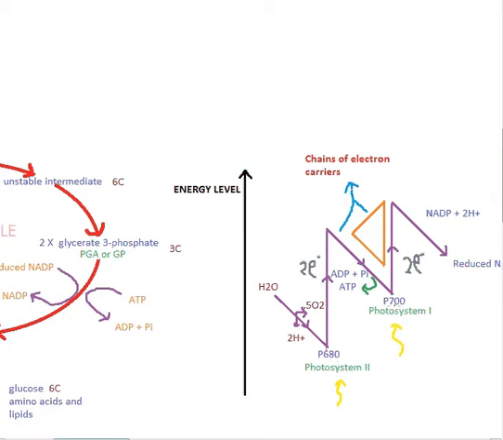This is a P700, this is P680. These are at different energy levels, and after reaching at this photosystem, it is where the ATPs are produced from ADP, right? Now actually here is when the ATP are broken down.